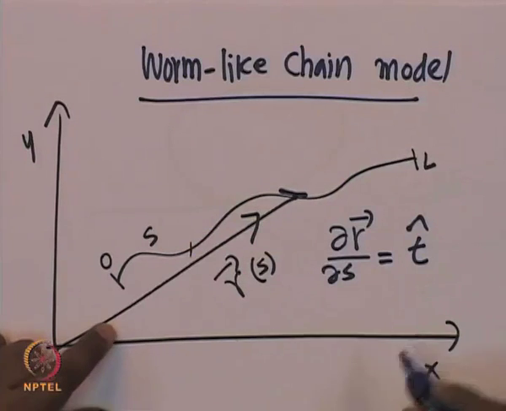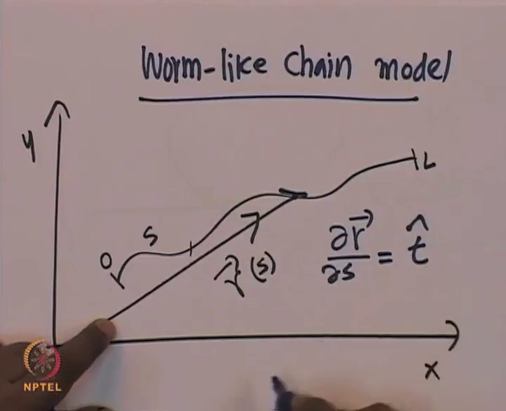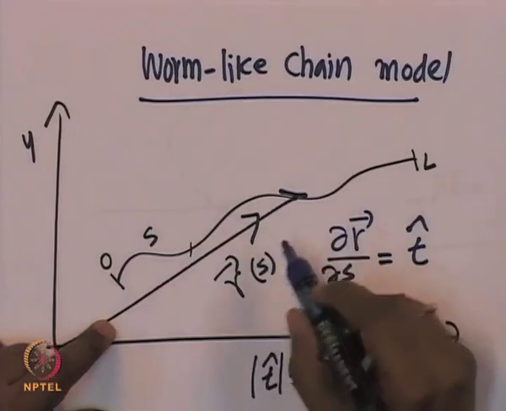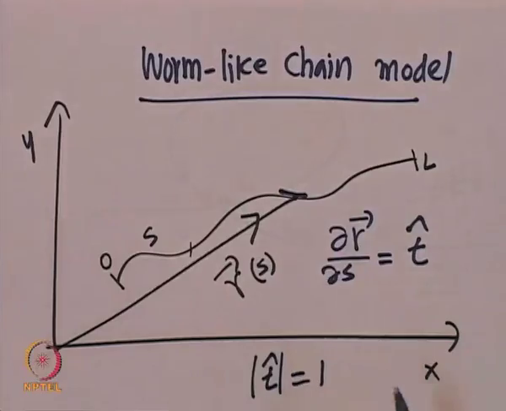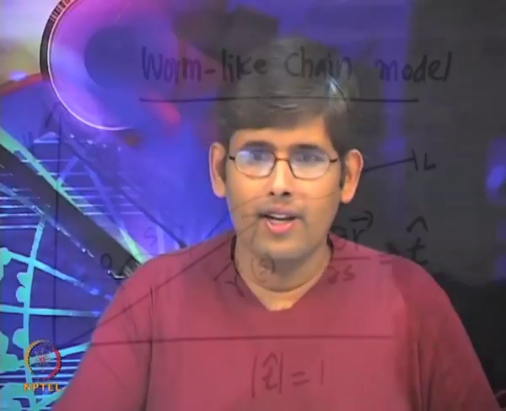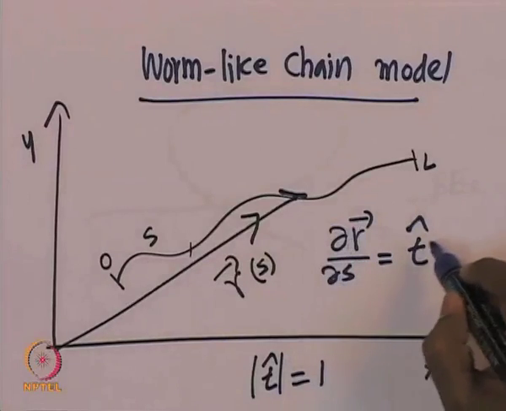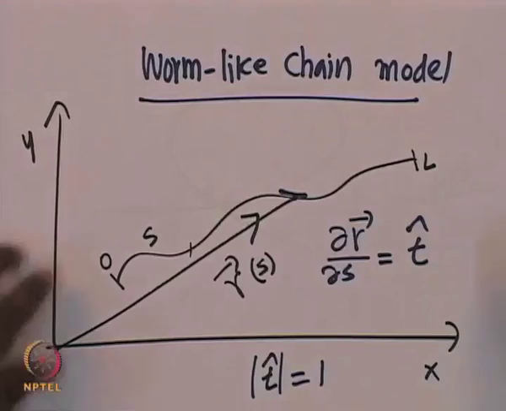So, the mod of this tangent vector, mod T, is 1. What are we saying now? DNA is a line, and you can define a vector r at every point, and the derivative of this vector is the tangent vector. So, at every point you have a tangent vector.